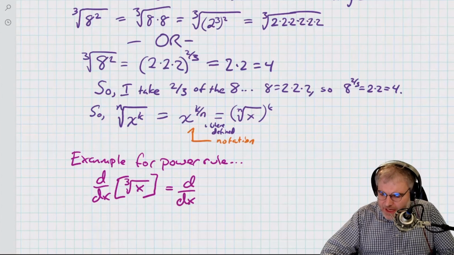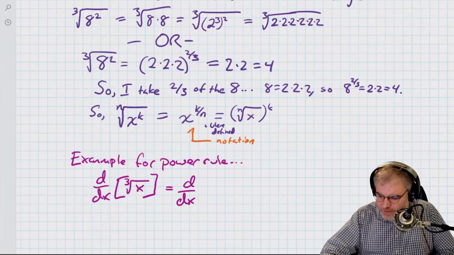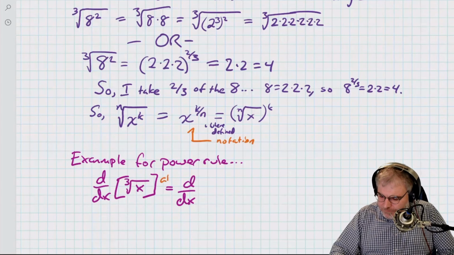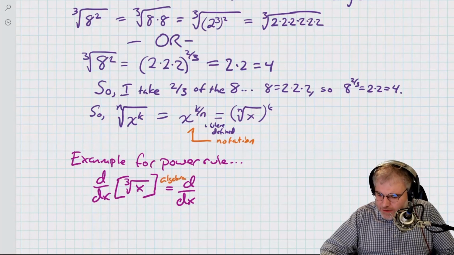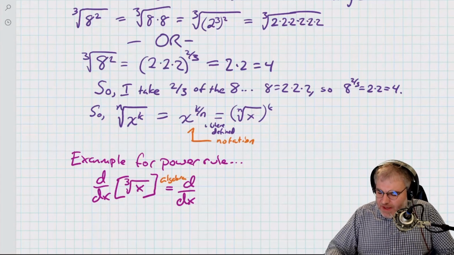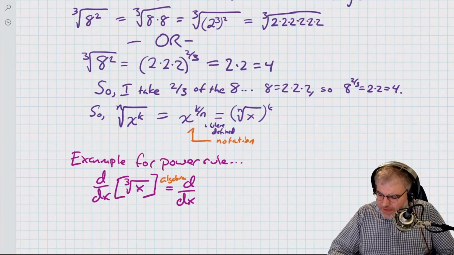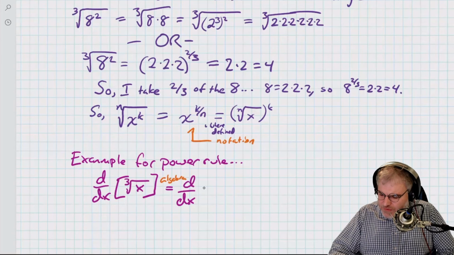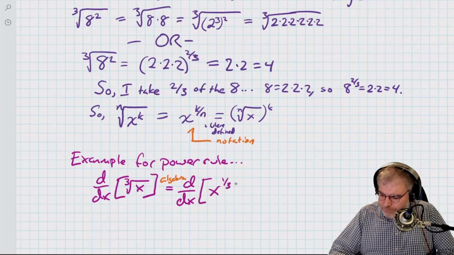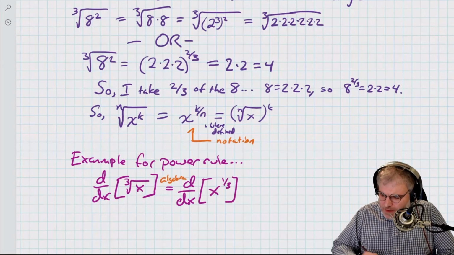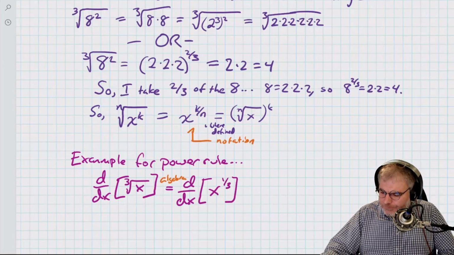I've done nothing but algebra. This is all just algebra. No calculus has been done here. The derivative of the cube root of x equals the derivative of x to the 1/3. Okay? Now, recall the power rule.